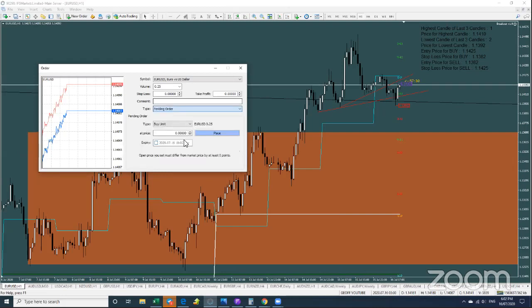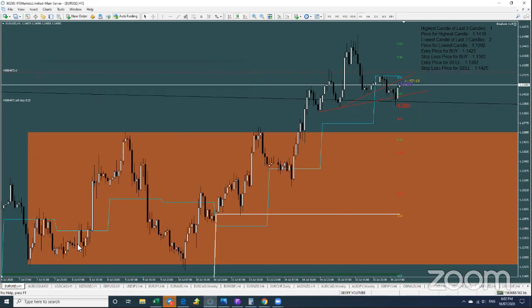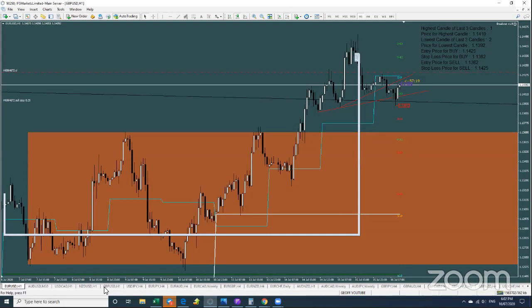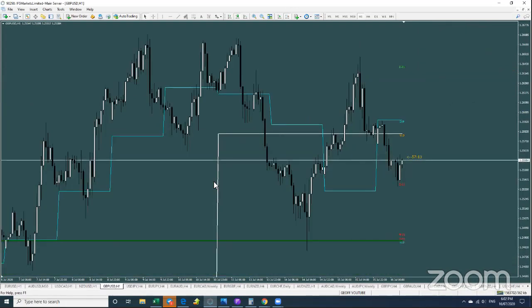Sell stop. 113.95 and 114.20 is our stop loss. I'll set the other one and then we'll start talking about take profits. So that's the euro. The other one is the pound. Now, forget the breakout trade, right?